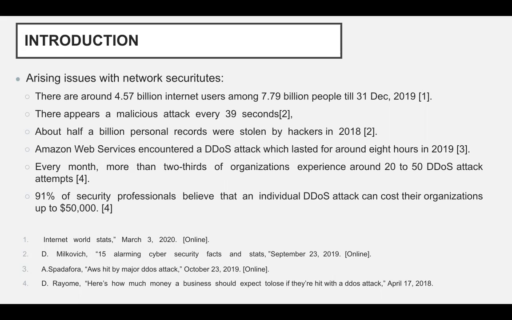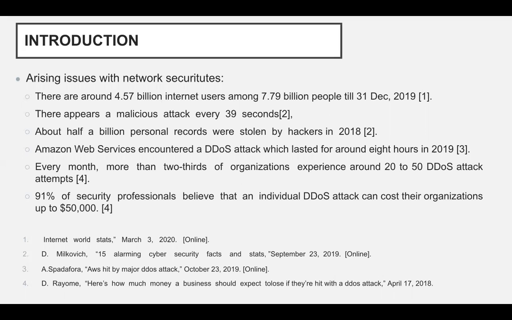Nearly every important information, such as personal, private, or confidential data, are being stored in servers. However, there appears a malicious attack in every 39 seconds, which is why about 1 billion personal records were stolen by hackers in the year of 2018.